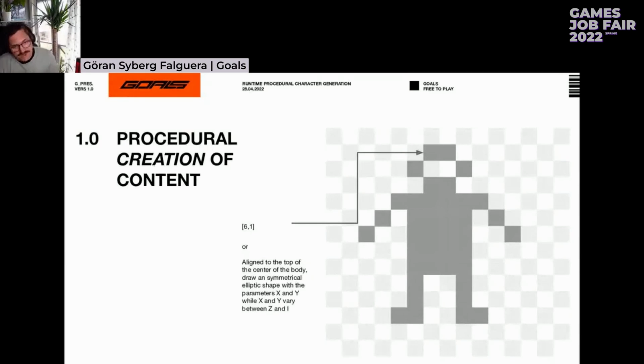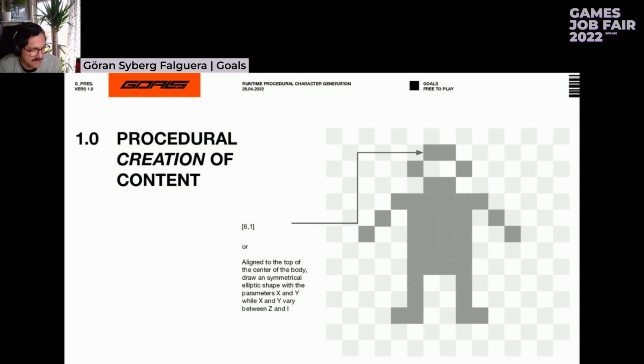So what if we, instead of manually painting each pixel, wrote a small program? Maybe it's something like: a line to the top of the center of the body, draw a symmetrical elliptic shape with the parameters x and y, while x and y vary between z and i. z and i would, of course, be fixed limits we set on these parameters, and then we can vary x and y to create different heads.